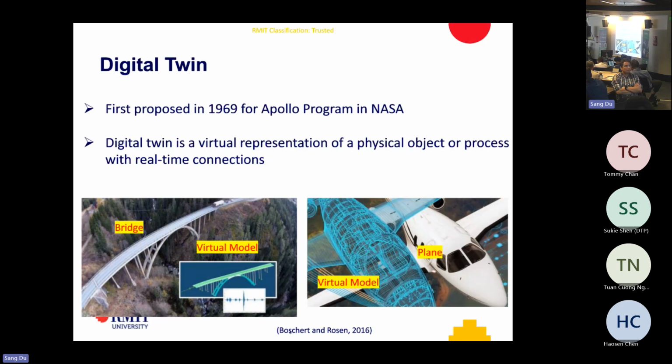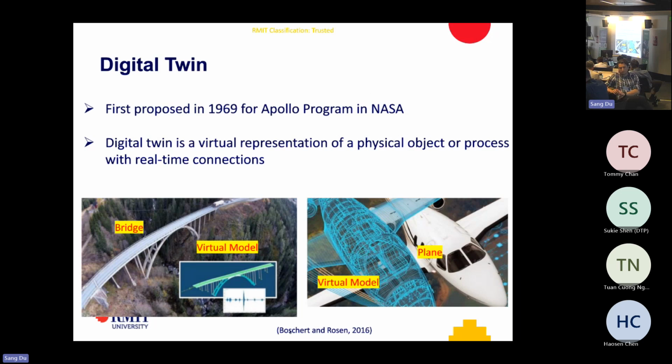Then the potential solution is digital twin, a more recent advanced term for civil infrastructure, which is coming from aerospace engineering, where they have a much richer or more technically rigorous field.